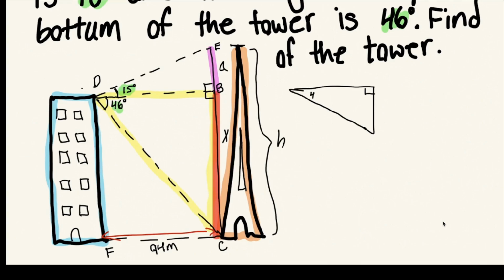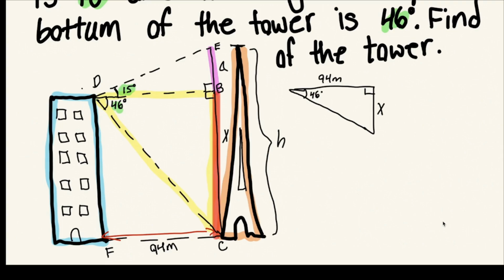So then this will be 46 degrees, and this side length right here will actually be 94. Because remember, this 94 at the bottom, when we take it up, is the same distance. They're the same distance apart, right? And so that will help us figure out the height. Now, that's 94, and this is X, because we have to solve for that.